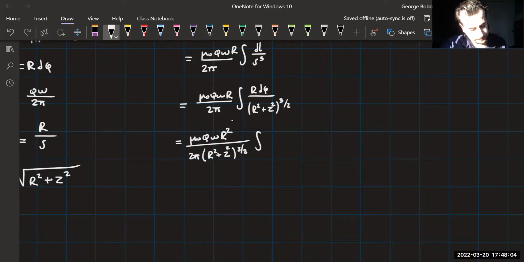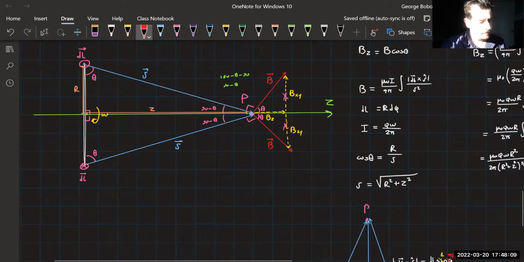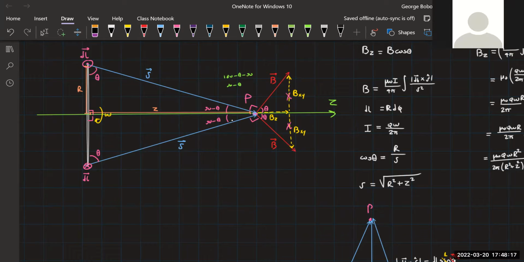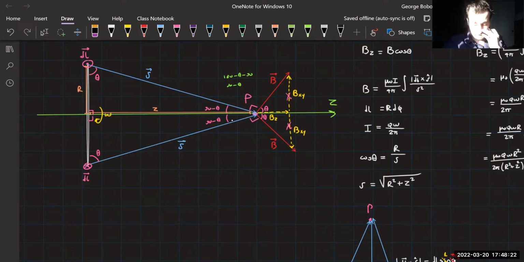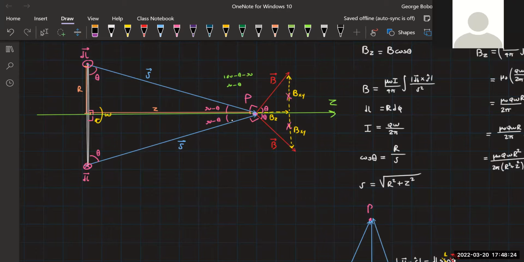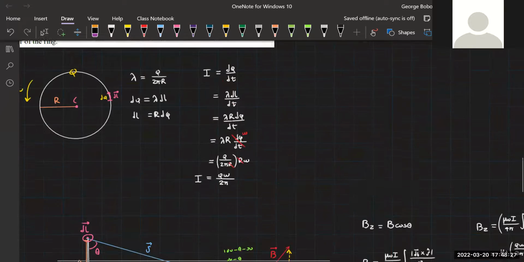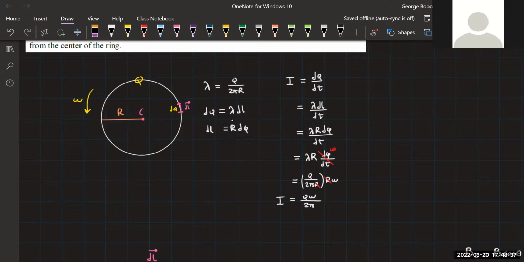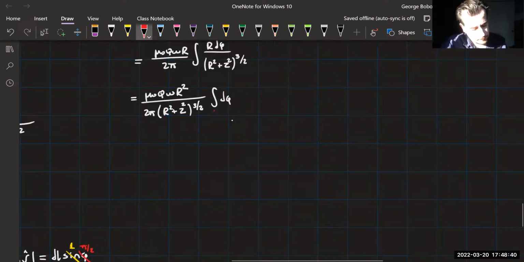And I want Kelly here to tell me what the bound should be for this integral. If we're doing the ring, how much should we go around phi? What was that, Kelly? From negative pi over 2 to pi over 2. Right, or we can think about it as spanning this whole thing, which is going from 0 to 2 pi.